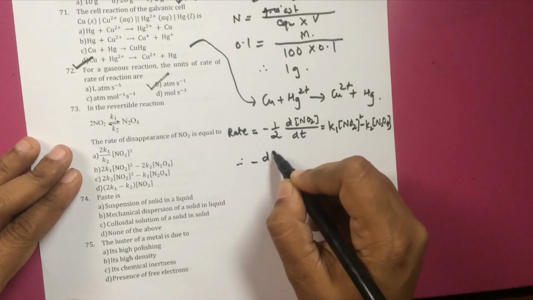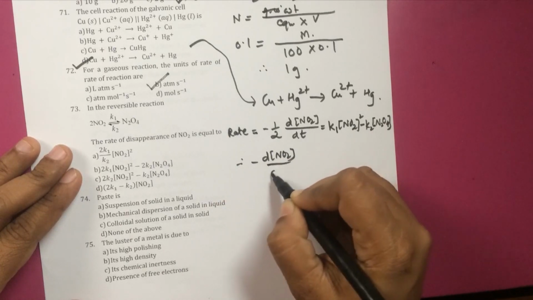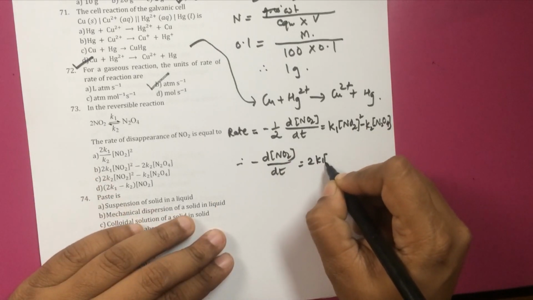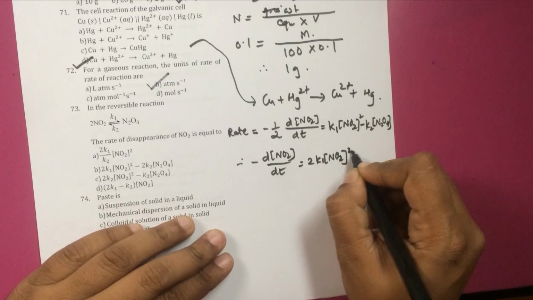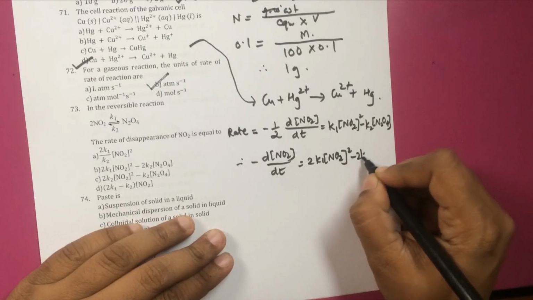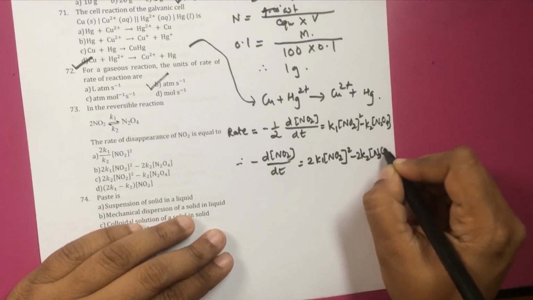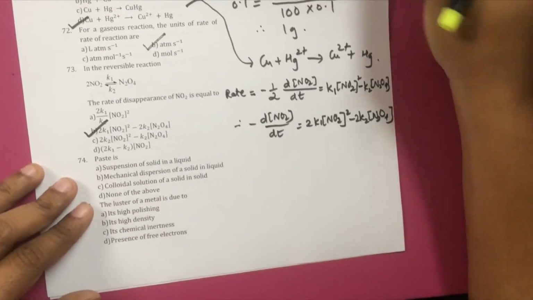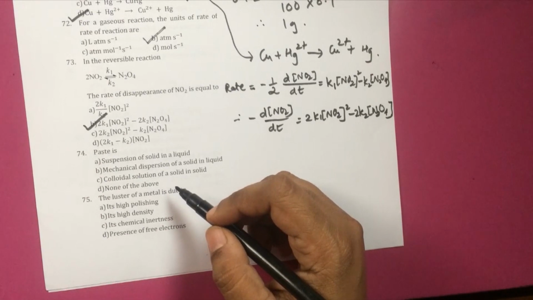Therefore, minus d[NO2]/dt equals, taking the 2 on that side, 2K1[NO2]² minus 2K2[N2O4]. Therefore option B. Question number 74.